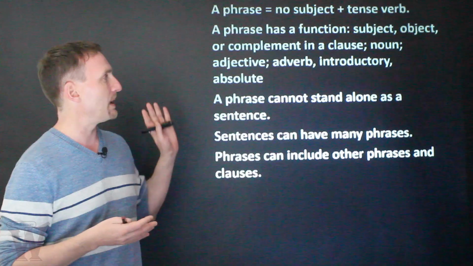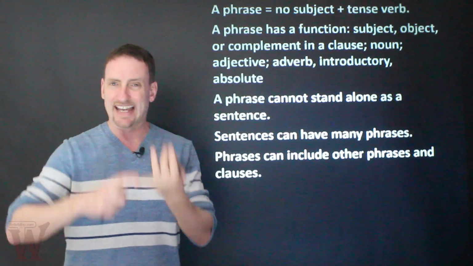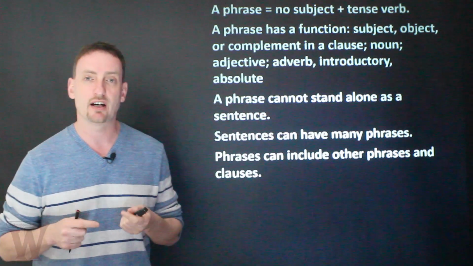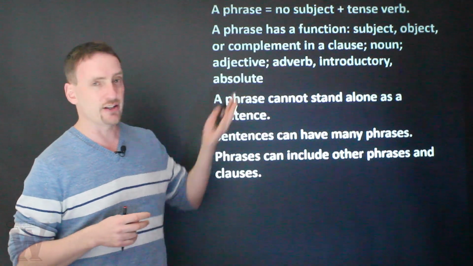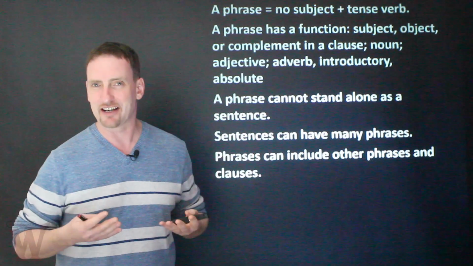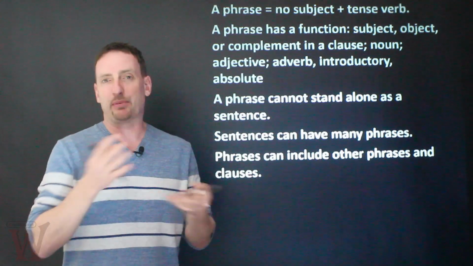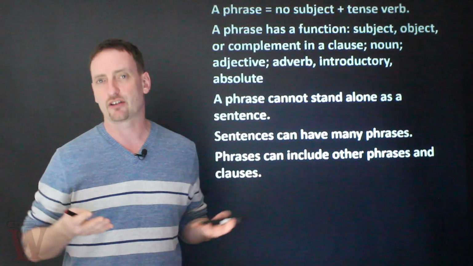Now, it's very important to remember that a phrase has a function. It could be a noun, but with many words, many modifiers, etc. It could be an adjective. It could be an adverb. It could be an introductory phrase, means it leads into the sentence. Or it could be a part outside of the main clause that tells you something about the entire clause.